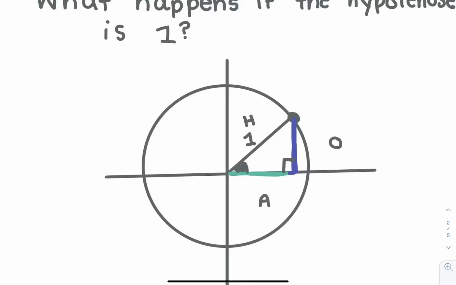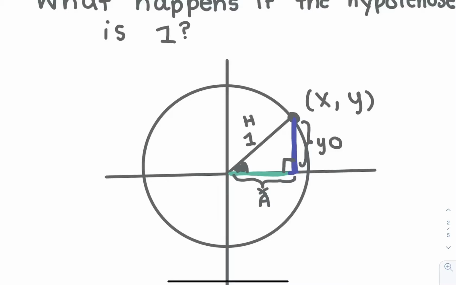Well, our adjacent length is actually along the x-axis, so this is just x. And along our y-axis is this blue line, or parallel to it, so this is y. So then we end up with this point, x comma y, on our circle.